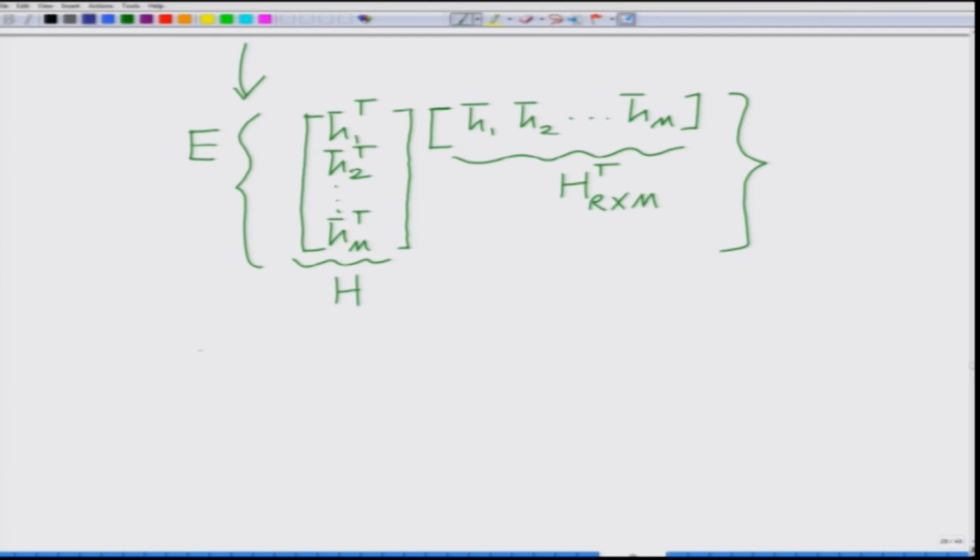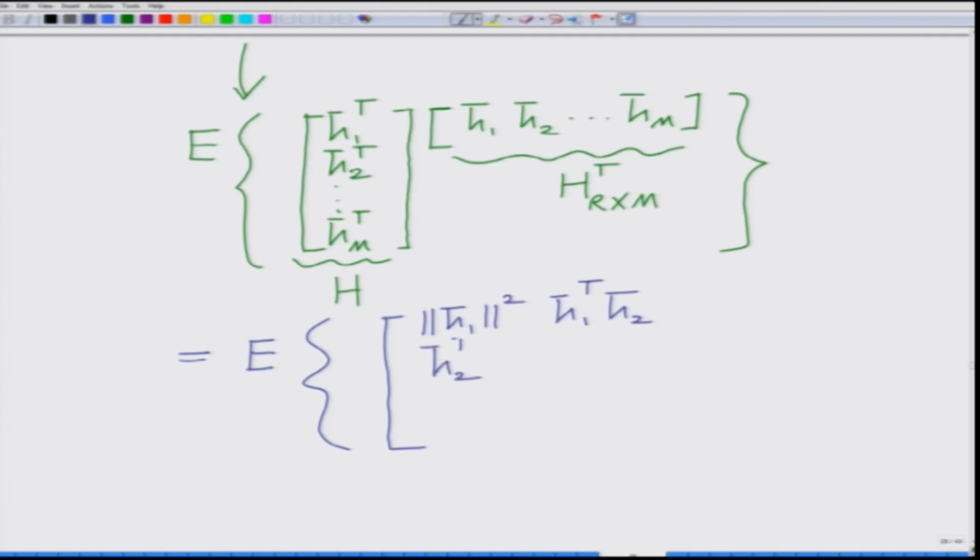And now I am going to simplify this further. This is going to be expected value of the matrix with entries H1 bar transpose H1 bar, that is norm H1 bar square, H1 bar transpose H2 bar, H2 bar transpose H1 bar, norm H2 bar square, and so on.